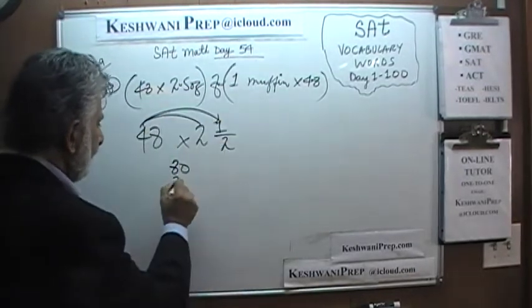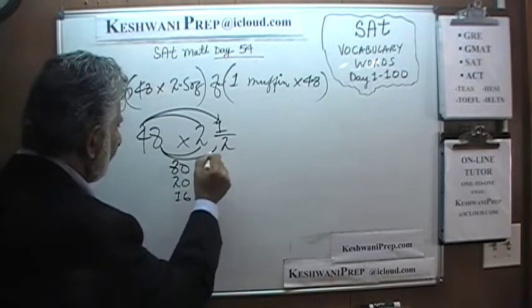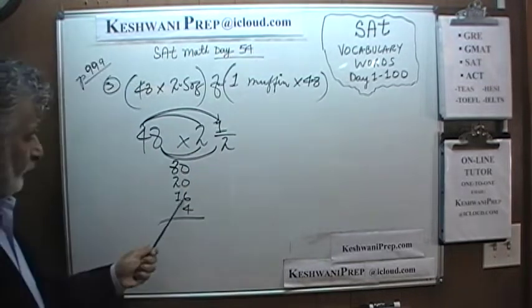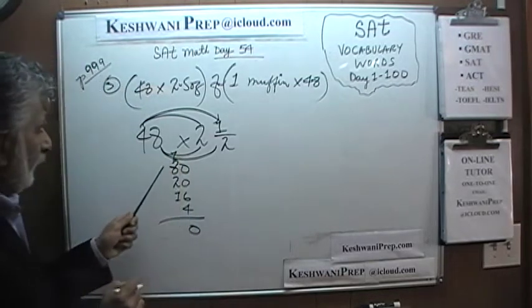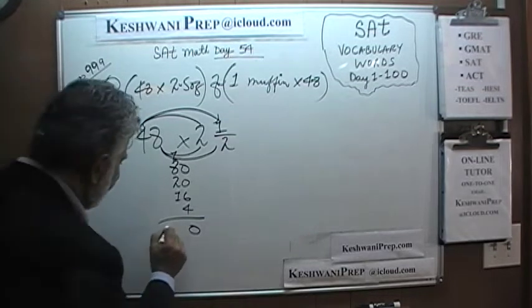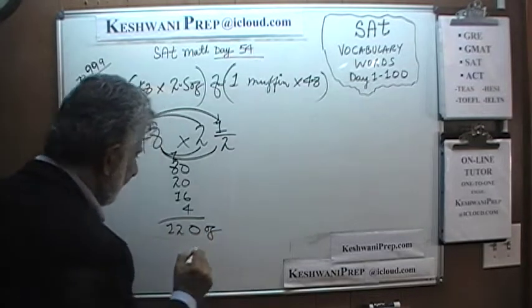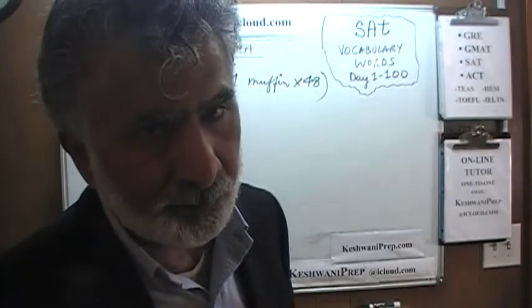Half of 40 is 20. 2 times 8 is 16, and half of 8 is 4. There we go. 6 plus 4 is 10. Oh, that works out very nicely. That's a 0. Carry 1. 1 plus 1 is 2. 2 plus 2 plus 8 is going to be 10. It's 120. 120 ounces. But they're asking us how many pounds of chocolate we need, not how many ounces.